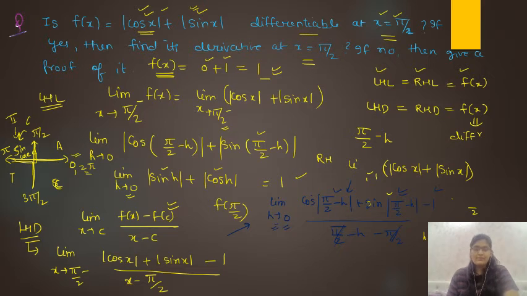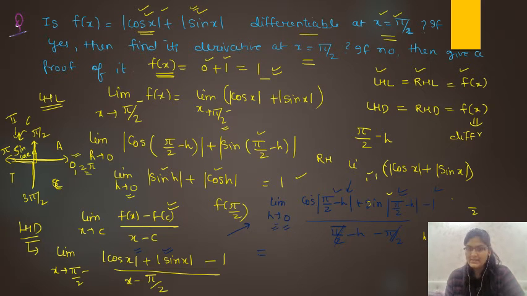So if you have watched my video which is showing continuity limits, you will see that in this case we will do differentiation of numerator and denominator. So if you do the differentiation, cos x is what?